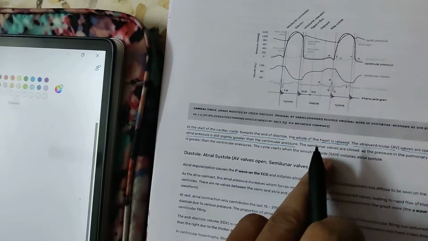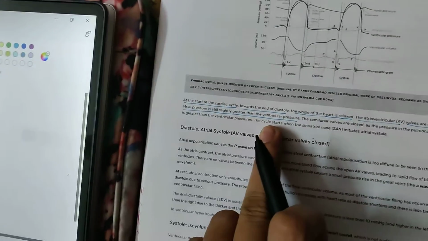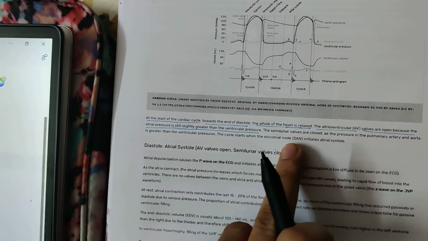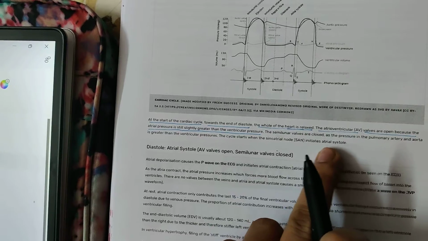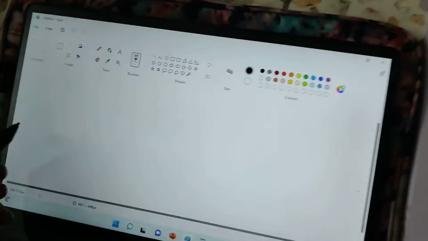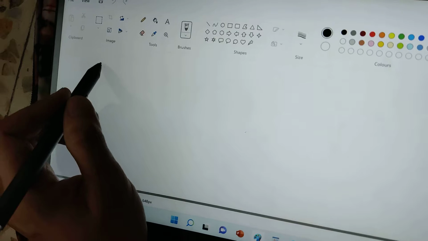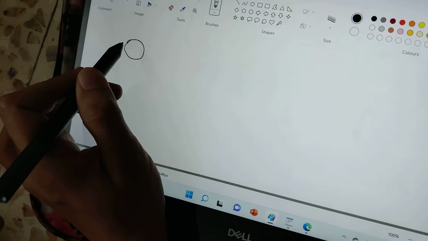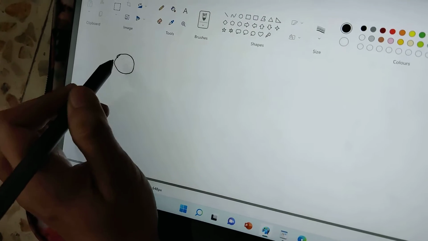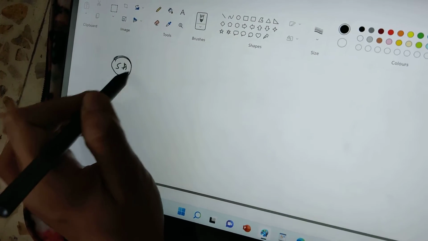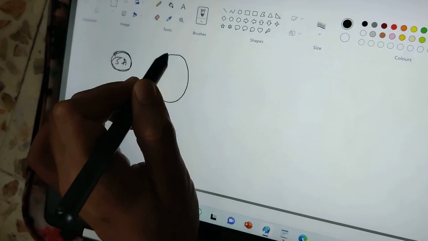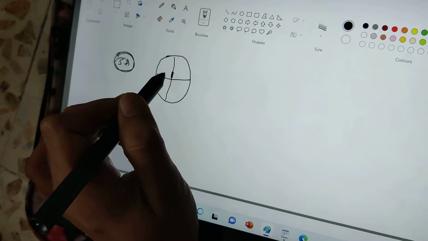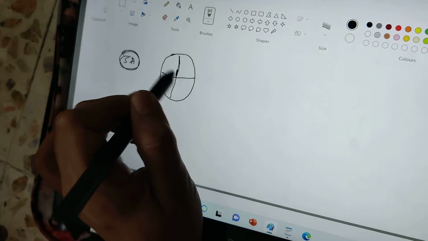So what happened then? The cycle starts when the sinoatrial node initiates the atrial systole. The SA node is present in the septum between the two atria.